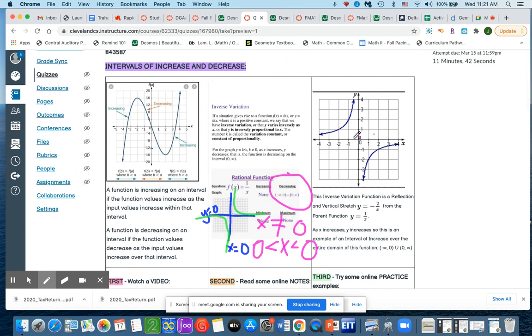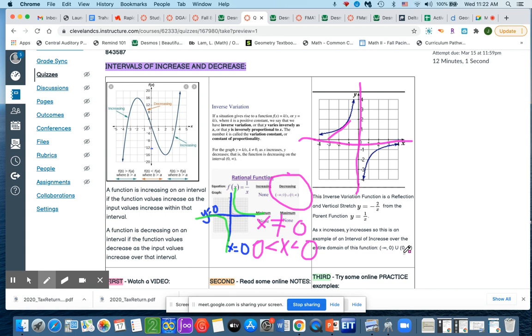For this graph over here on the right, we already decided that it is increasing. And then once again, you just need to find its asymptotes, and it happens to be the exact same. There you go. X and Y intercepts right there.